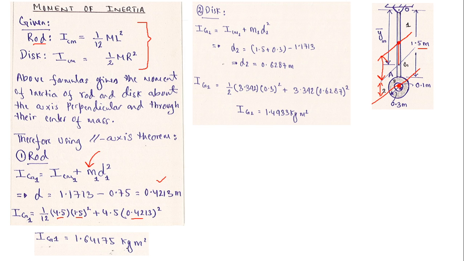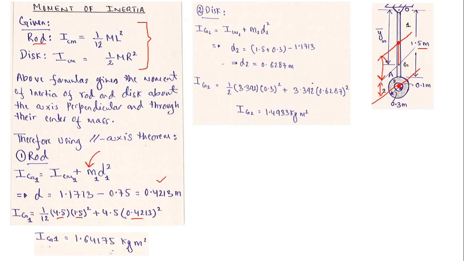So 1.5 plus 0.3 gives you 1.8. So the distance measured from point O to the centroid of this disk is 1.8, and the distance from point O to point G is ym.